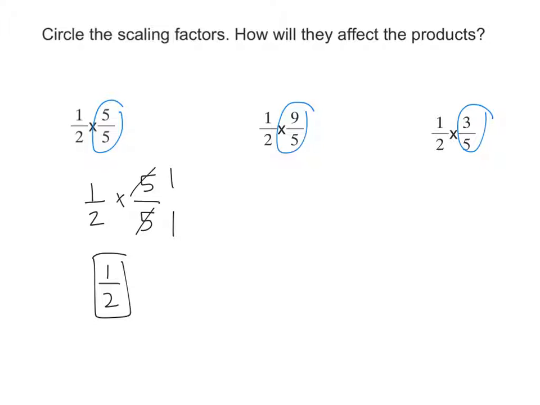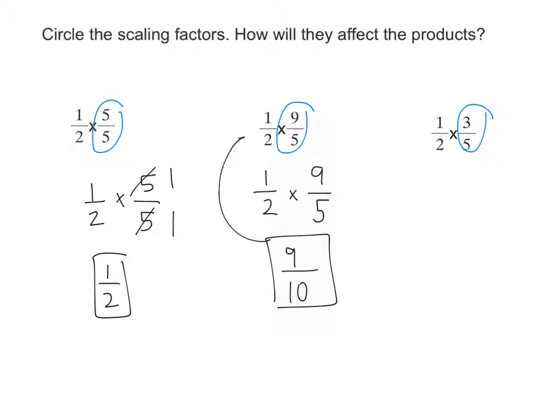Okay. Now let's take a look. Here we have 1/2 times 9/5. Let's go ahead and do that math. Are there any factors we can simplify? No. So this is equal to 9/10. How does 9/10 compare to 1/2? It's bigger. 9/10 is almost 1, and half is only half.